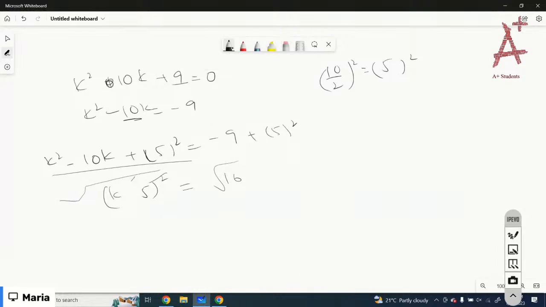Got it? Okay, it will be then k minus 5 whole square. You are left with k minus 5 equals plus minus 4. It would be k equals 4 plus 5 and k equals negative 4 plus 5. So 5 plus 4 is 9 and 5 minus 4 is 1. So k has two values. They are 1 and 9. Got it?